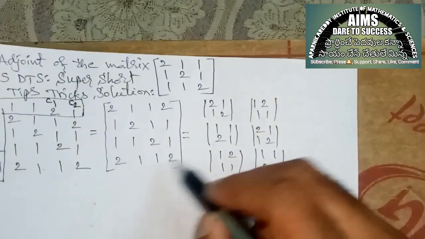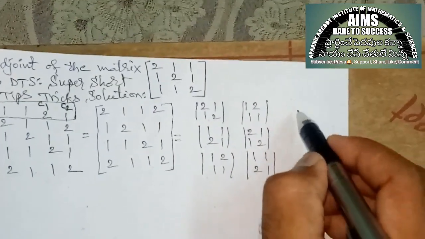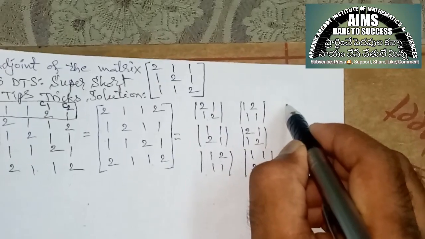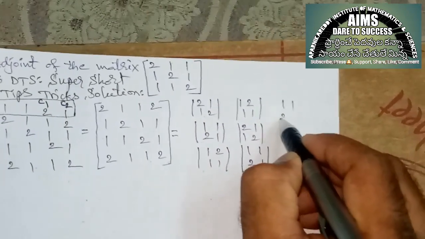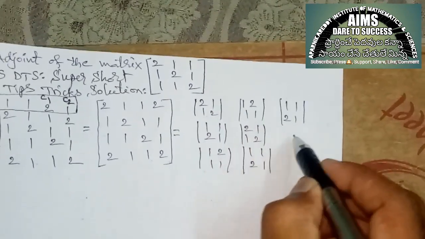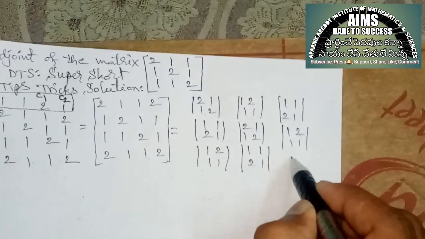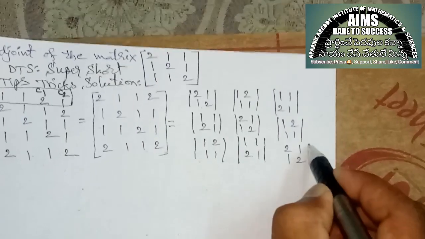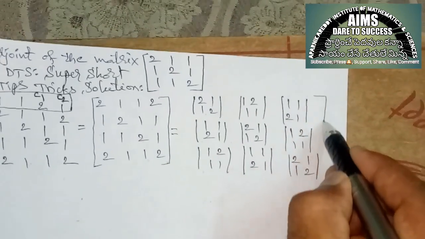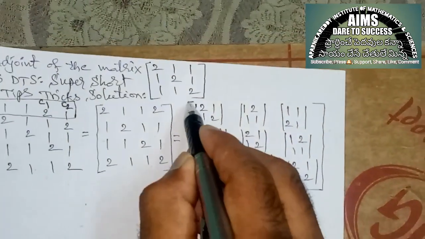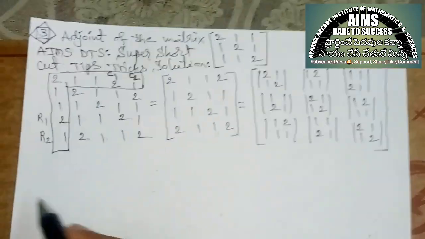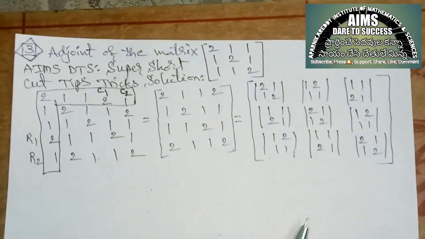Next row 3 and row 4 assume. So you can write it third column 1 1 2 1. Next 1 2 1 1. Next 2 1 1 2. Write in matrix. After that, normal simplification.